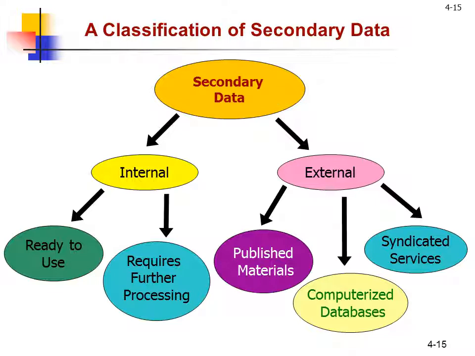The secondary data has two main classifications: the internal secondary data and the external secondary data. We can collect the internal secondary data from sources like the internal data published inside the organization.